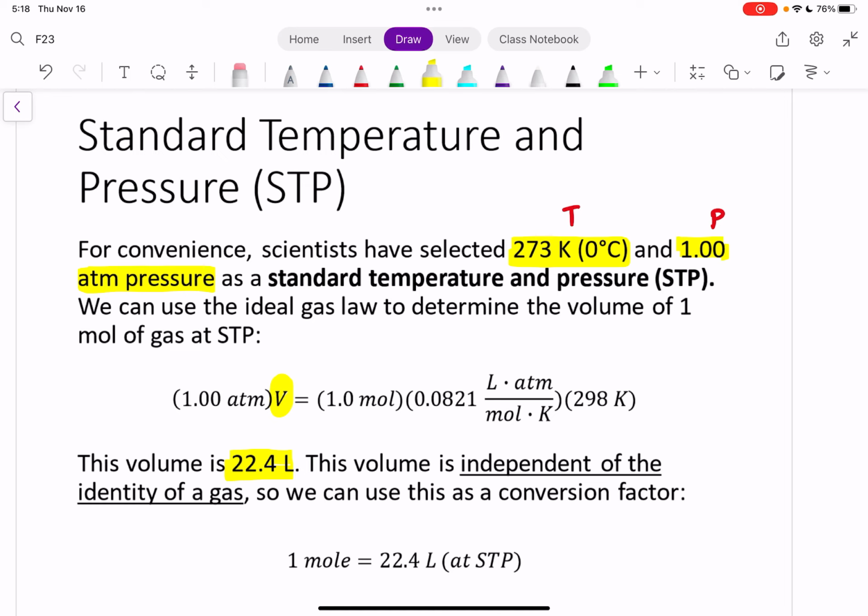And this is true for any gas at standard temperature and pressure. We find that based on the ideal gas law, regardless of what gas we have, if we have 1 mole of a gas, any gas, that's going to equal 22.4 liters of that gas at standard temperature and pressure.